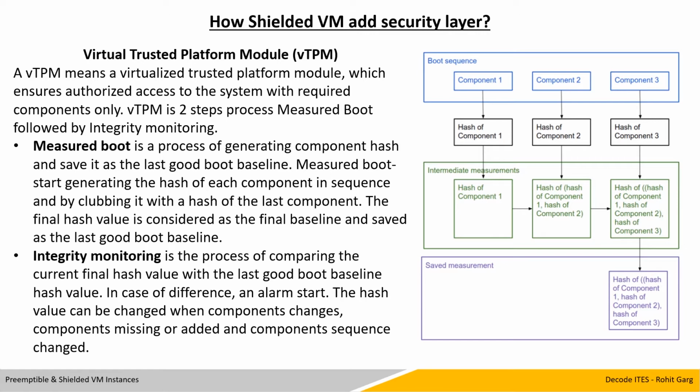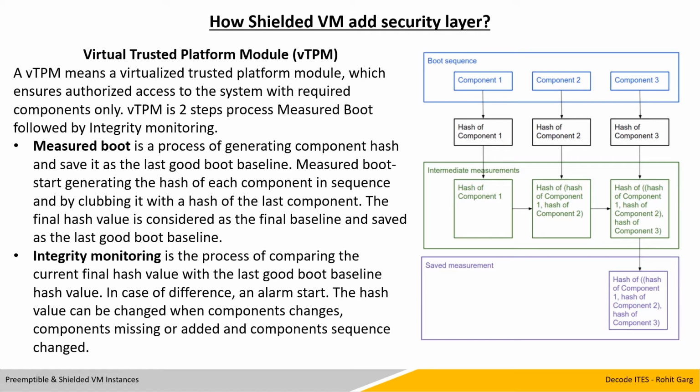In the image you can see the boot sequence: component 1, component 2, component 3. That means in the boot sequence these components come in this order. So in measured boot it will generate the hash of component 1 and save it. When component 2 starts, it generates the hash of component 2 and merges it with the component 1 hash, generating a new hash value.